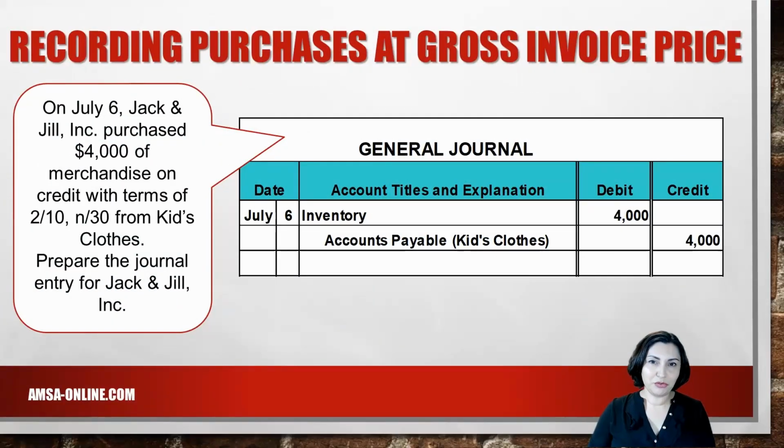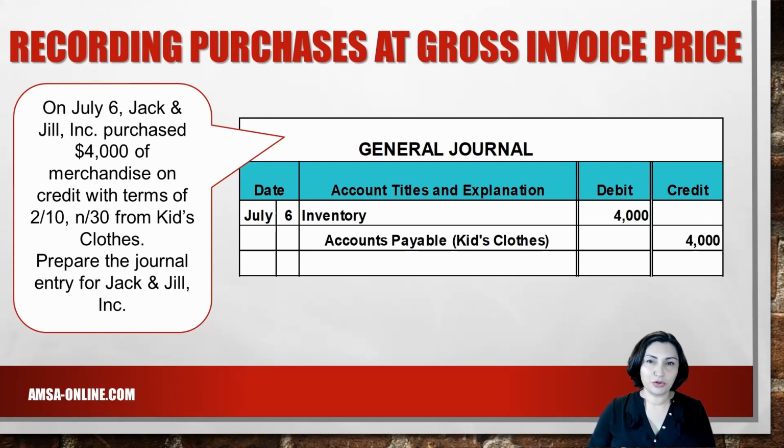Some companies prefer using the gross method to record their purchases, particularly when they don't expect to take the early payment discount. Under the gross method, the purchases are recorded initially at the full amount of the inventory purchased. If a cash discount is taken in the future, then a purchase discounts account is used.